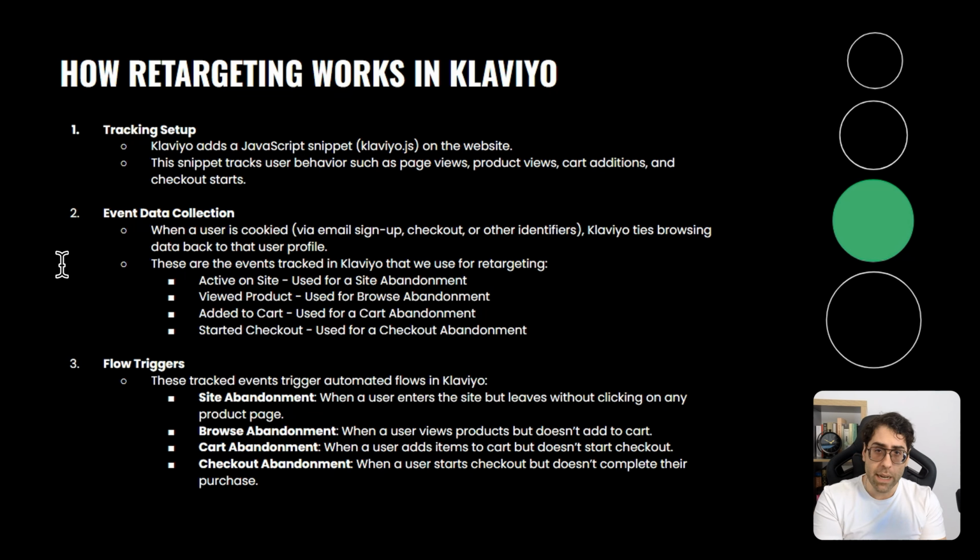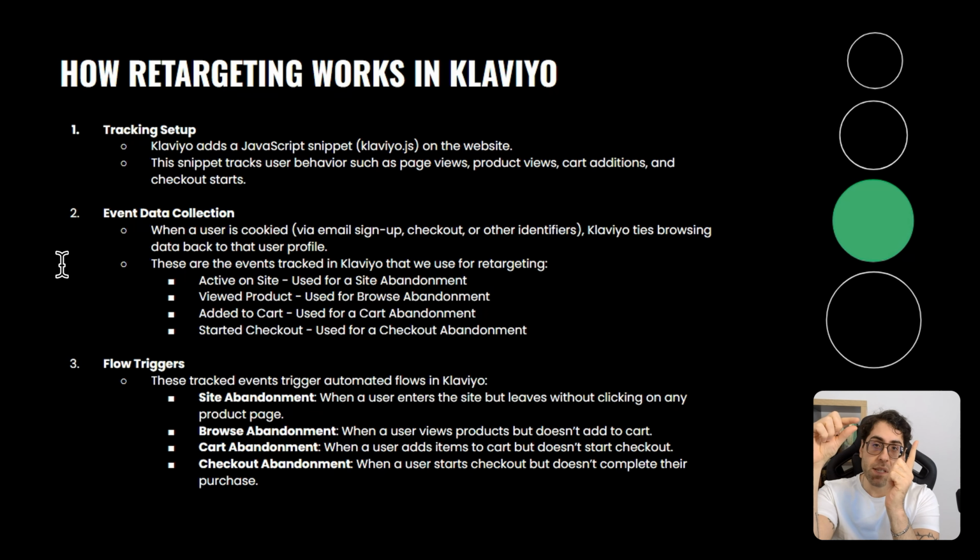They never started the checkout. Those two other scenarios, adding something to cart or starting the checkout, deserve their own abandonment workflow. And I'm going to show you how to create all of those in the correct way in a moment. But fundamentally, what you need to understand is that the purchase path within your website is ultimately shaped like a funnel.